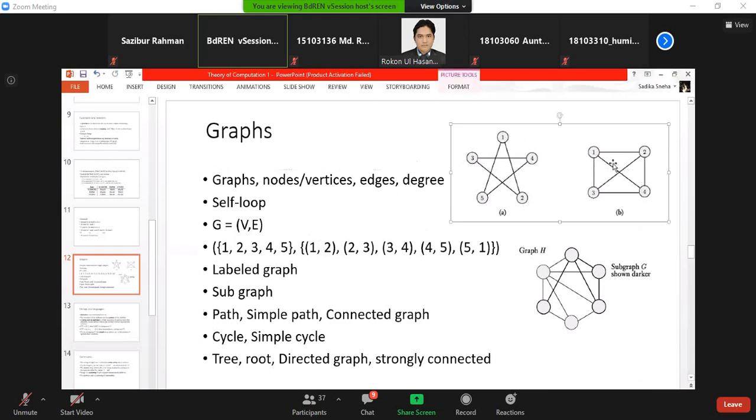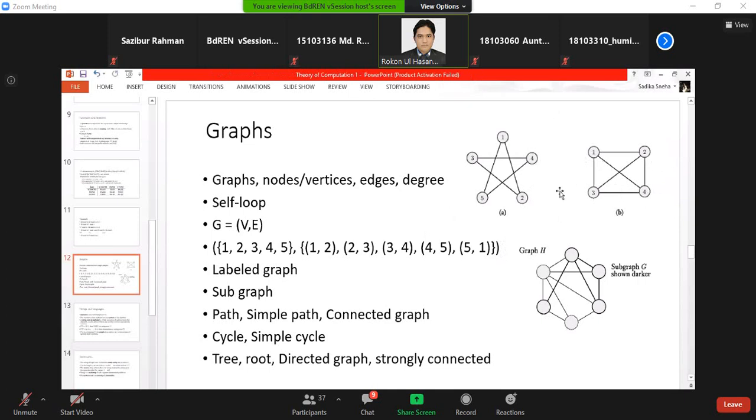Now tell me what the graph representation in terms of V and E will be for graph B. Can you do this? Yes, ma'am. 1, 2, 3, 4 will be the vertices, and the edges will be 1 2, 2 4, 4 3, 3 1, 1 4, and 3 2.